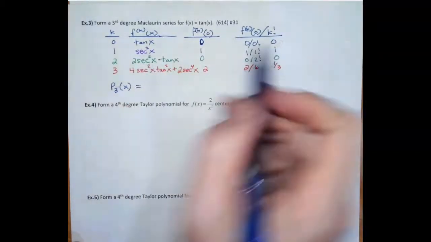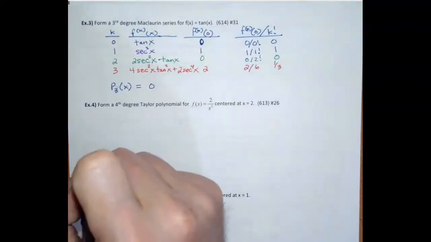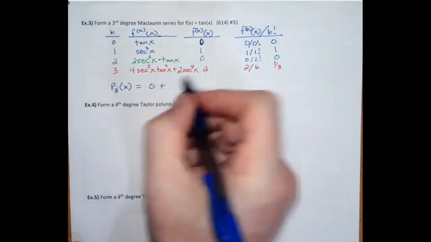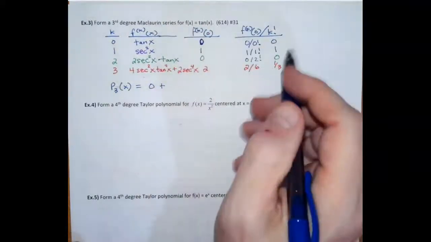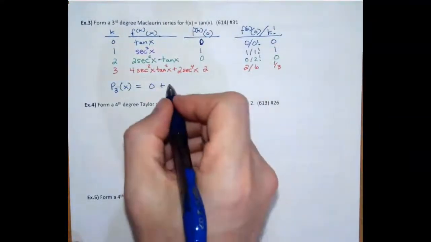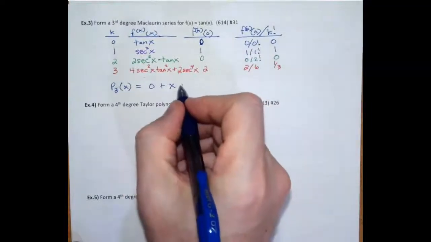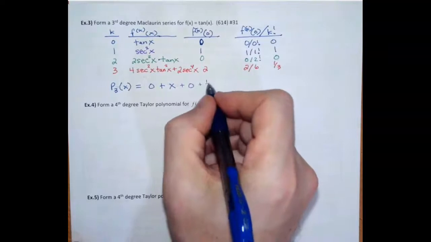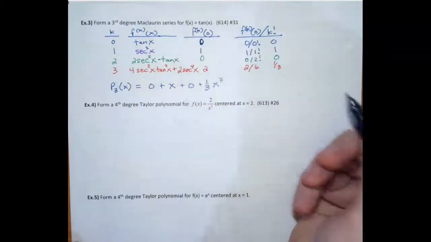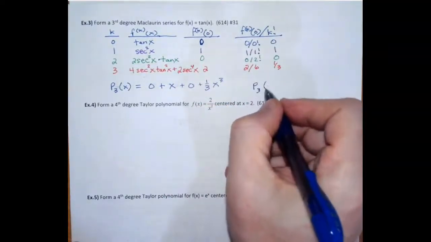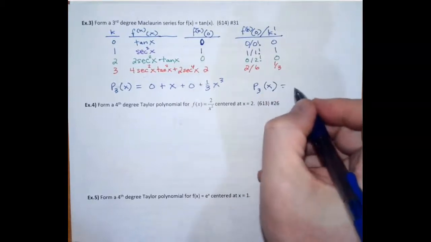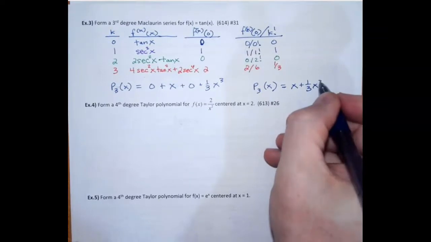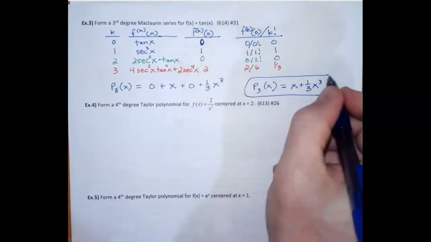So I guess we would start off with 0, and that's the constant, and as you move across that would be x, so that's going to be x, and then plus 0x squared, and then plus 1/3 x cubed. So if we break that down, get rid of those zeros because that looks a little awkward, we're just going to have this.